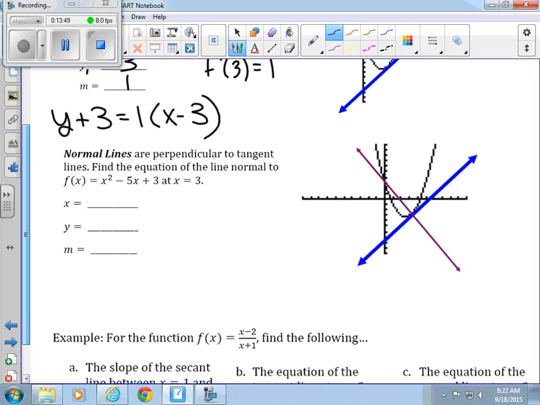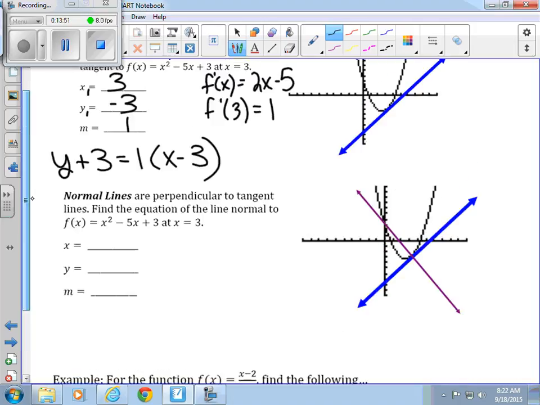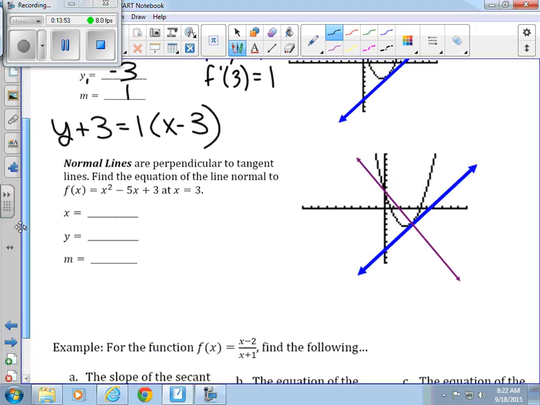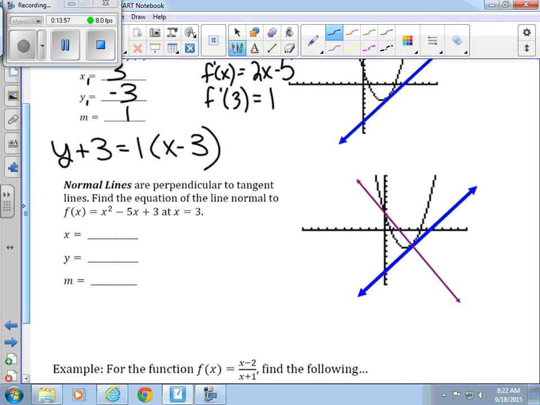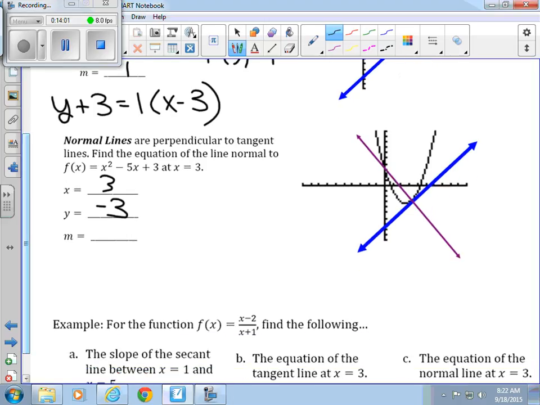All you have to do is use our Algebra 1 skills to find a perpendicular line. So to find a normal line, this is the same equation, isn't it? At 3, I already know the point is 3, negative 3. But the slope of the normal line is the perpendicular slope to my tangent line. So how do you find perpendicular slopes? Opposite reciprocal, right?